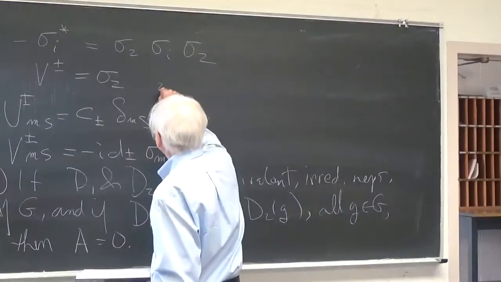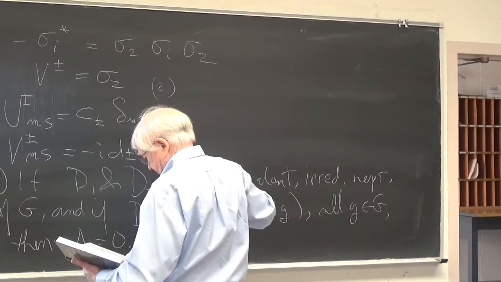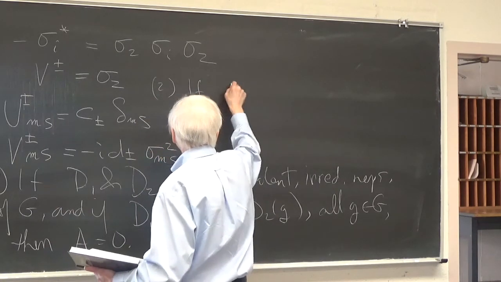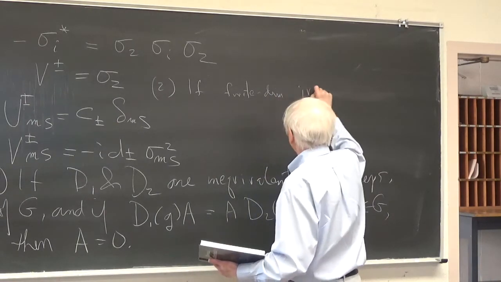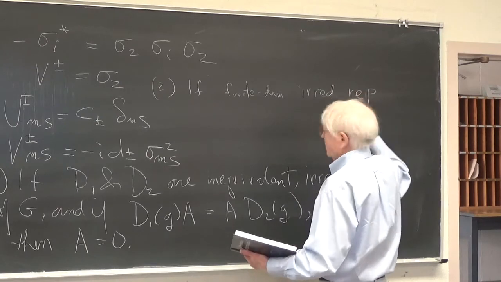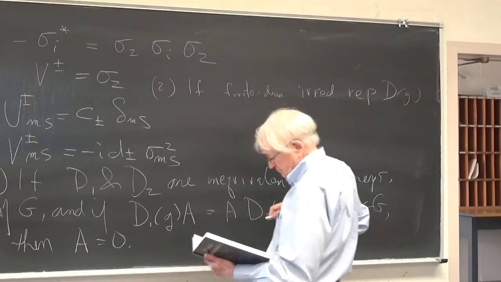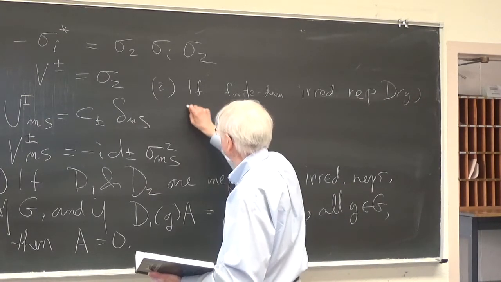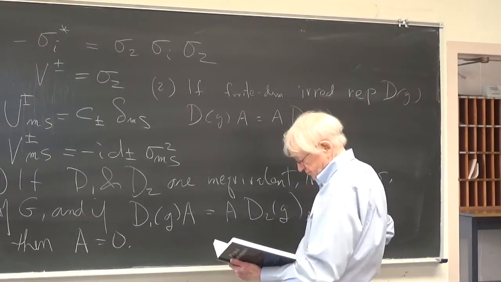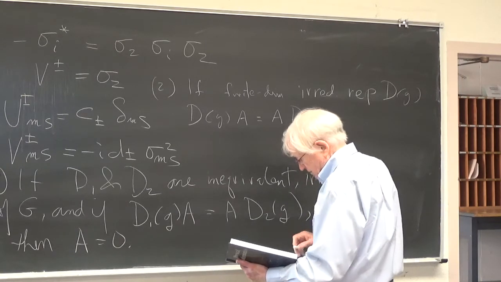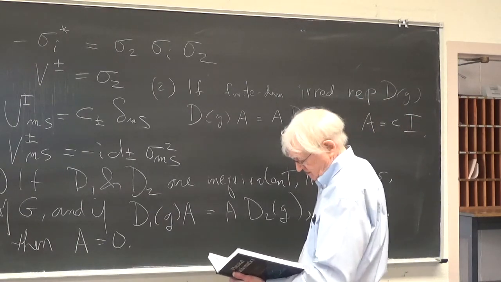So part 2 is, if for a finite dimensional irreducible representation D of G, we have D of g times A equals A times D of g, then A is a constant times the identity.